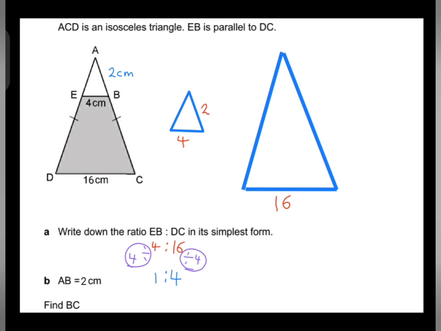Now, which sides are corresponding here, as you can see? Good job. 16 and 4 are corresponding because both of them are bases of different triangles. And these two triangles are similar, so these bases are corresponding. So when we divide them, we will get the scale factor of enlargement.